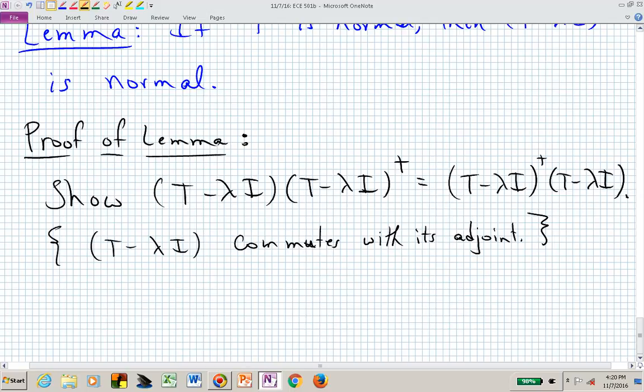Let's expand the left-hand side, and then we'll expand the right-hand side and show that we get the same terms. And then we'll know that they're equal.